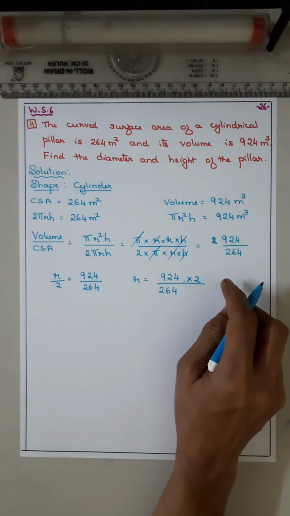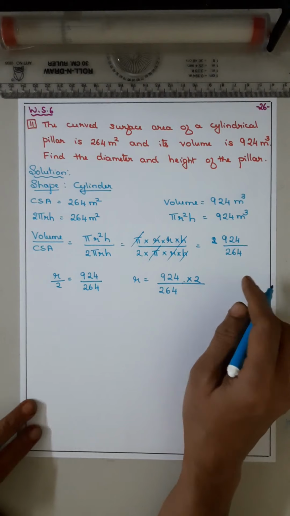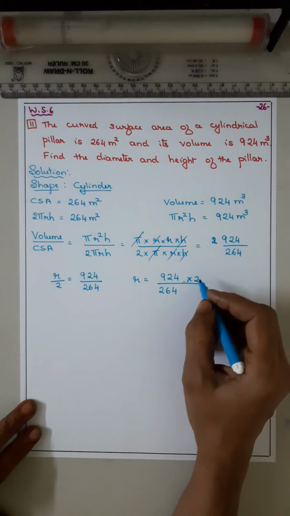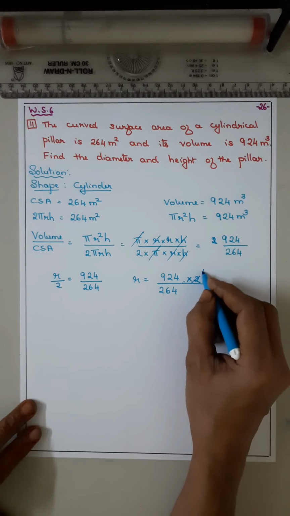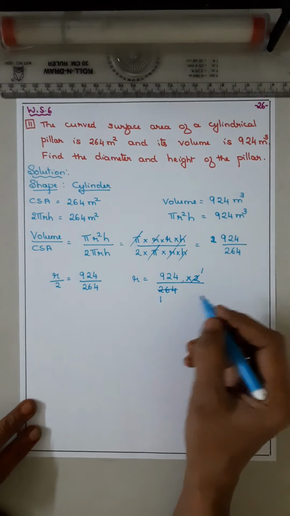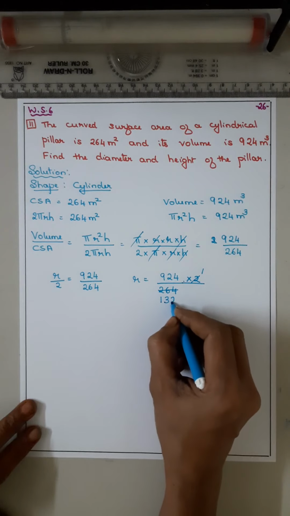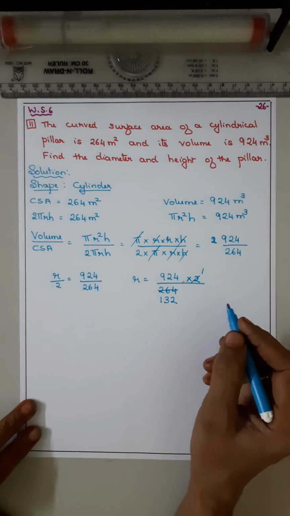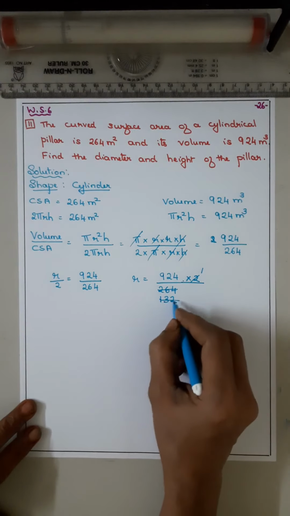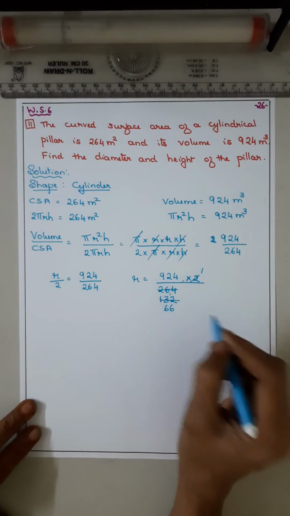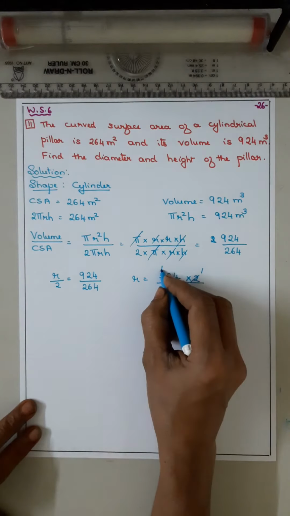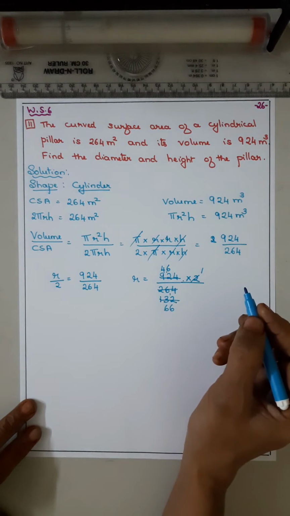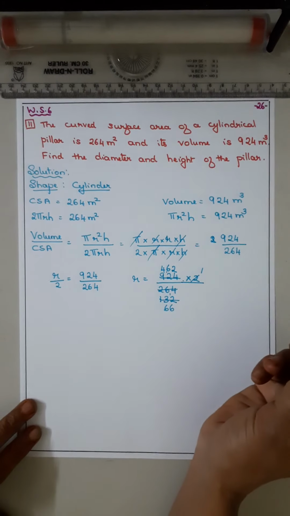Now the division, the cancellation. 2 can cancel. 2 1s are 2, 2 1s are 2, 2 3s are 6, 2 2s are 4. Now 2 6s are 12, 2 6s are 12, 2 4s are 8, 1 remains, 2 6s are 12, 2 2s are 4.